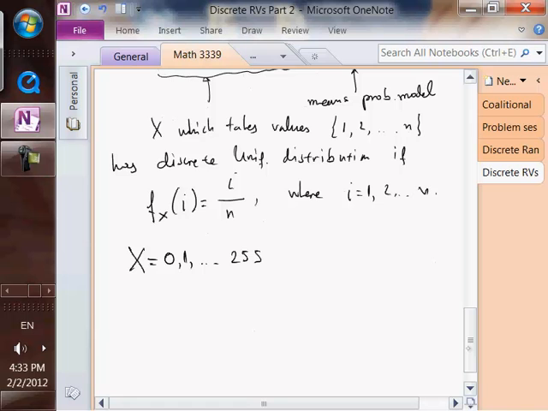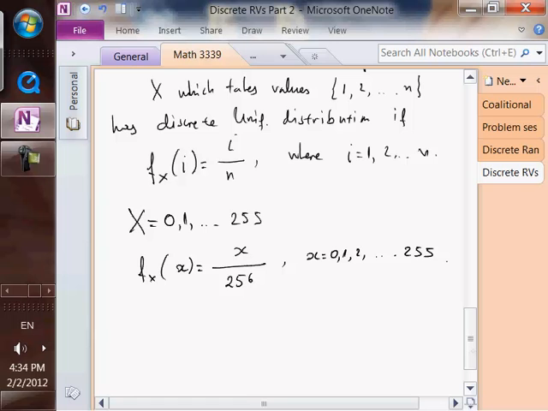What would be the model that would give you the discrete uniform distribution up to 255? So it would be this. This is the grayscale model for 1 pixel, for which you don't really know anything.